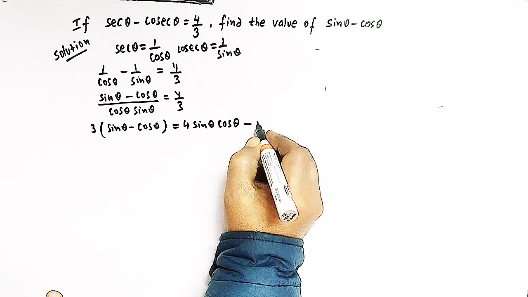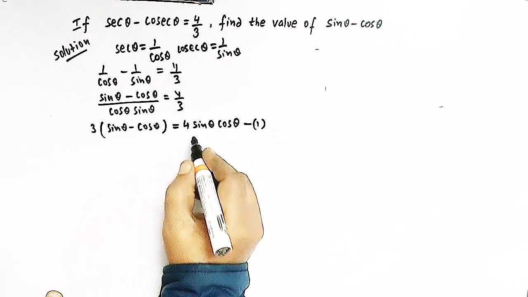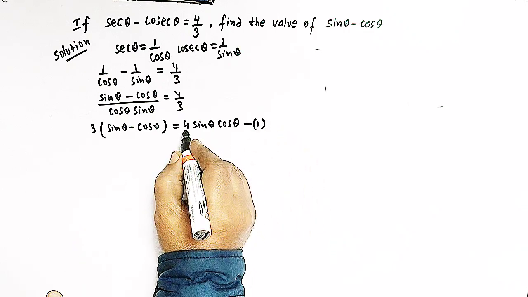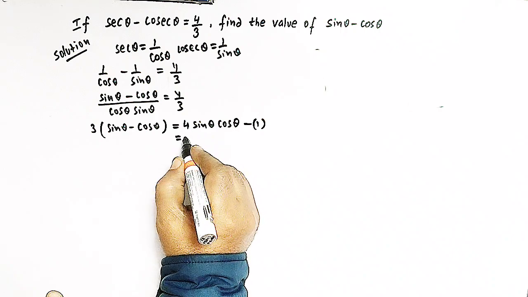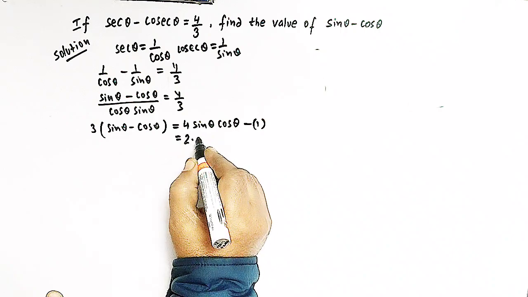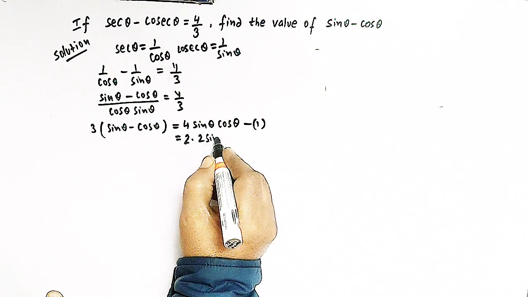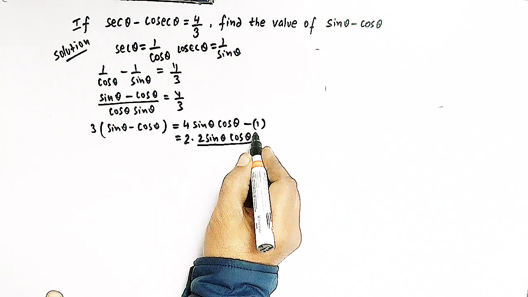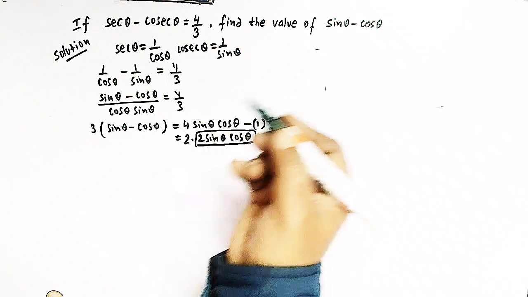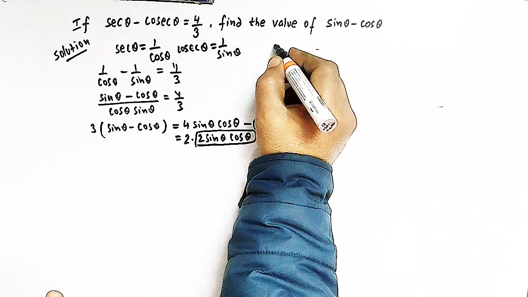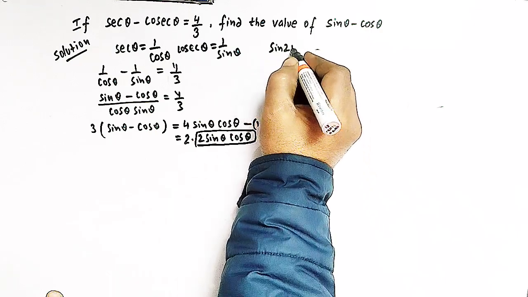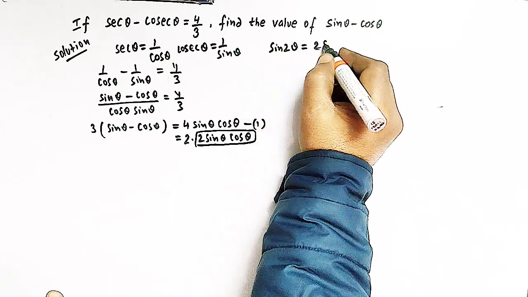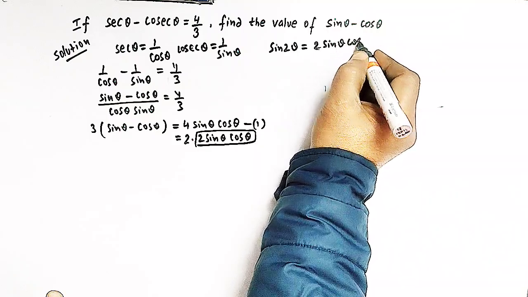So this is an important expression. Now let us write this 4 as 2 times 2. So we can now write 2 times 2 sine theta cos theta. Now we can make use of the double angle formula for sine 2 theta, that is 2 sine theta cos theta.